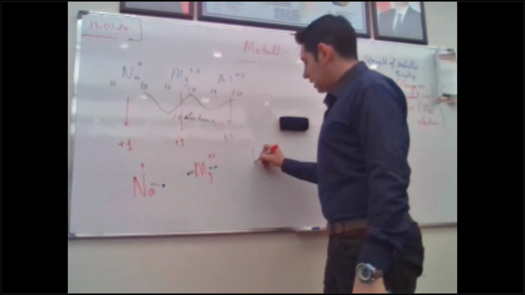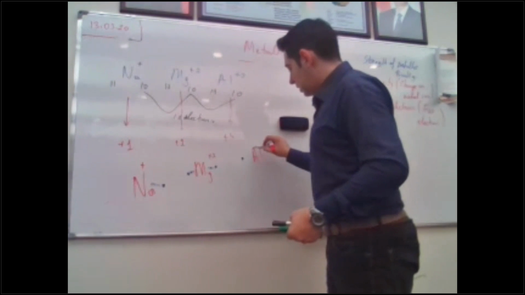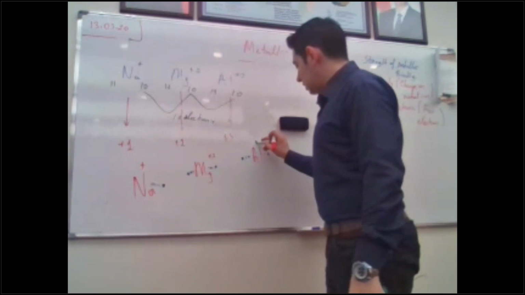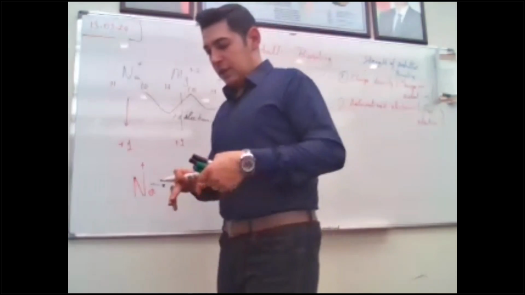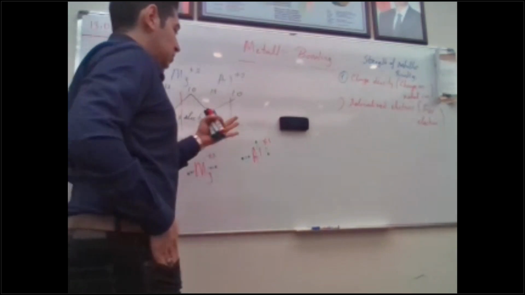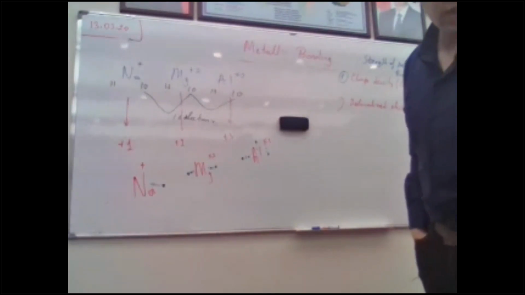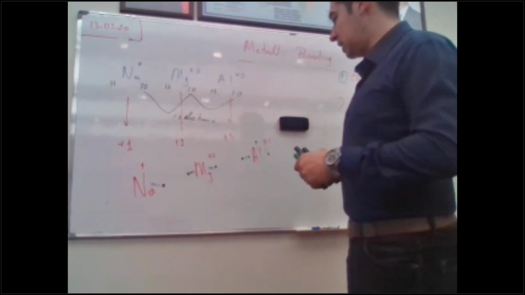Same thing for aluminium. Aluminium is +3. It will have 3 delocalized electrons around it. So there will be a force of attraction here. So it is logical. As you increase the number of delocalized electrons and the positive charge, there will be a stronger force of attraction, or stronger metallic bonding.